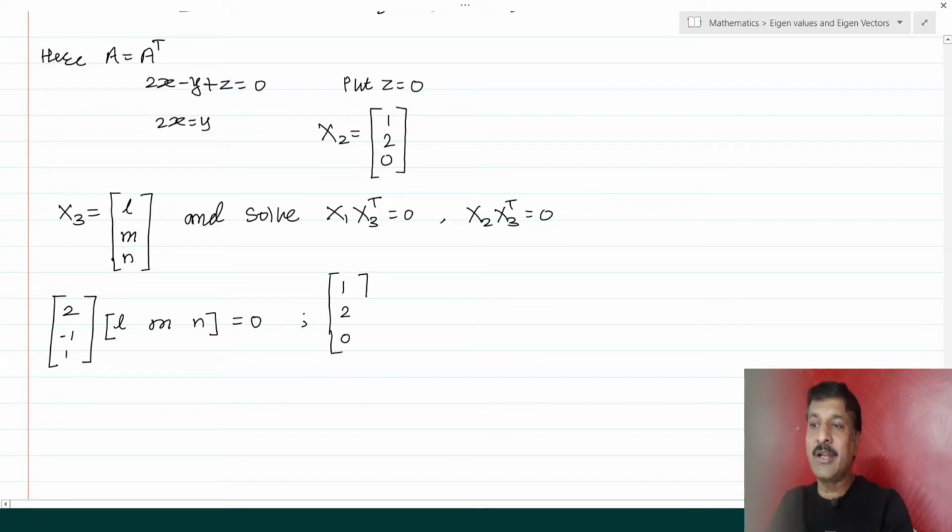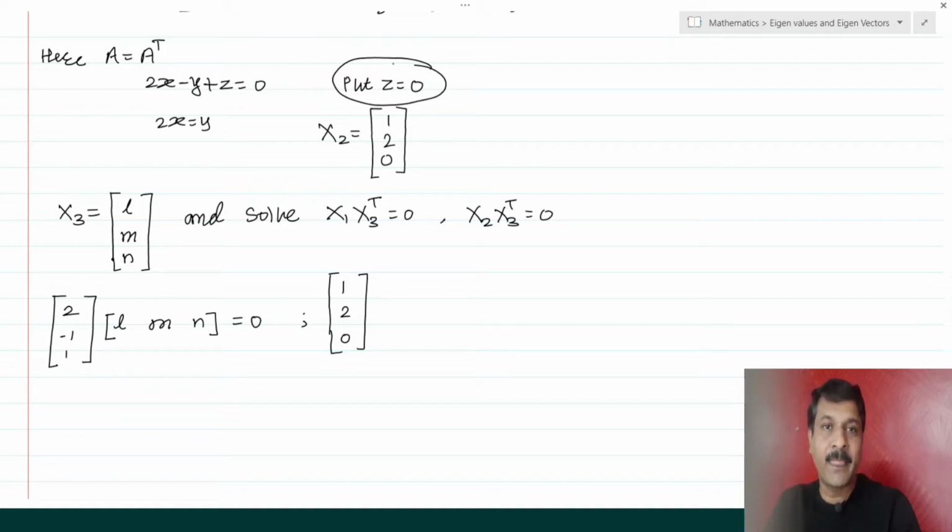Note that it is not necessary here to consider z equal to 0, because we can put any value. One may consider 1, and the corresponding values of y and x we can find. But for simplicity I am taking z equal to 0, so automatically the corresponding x3 may change in that case.